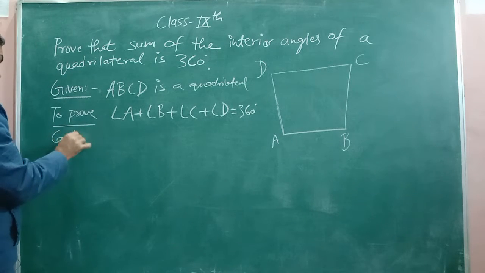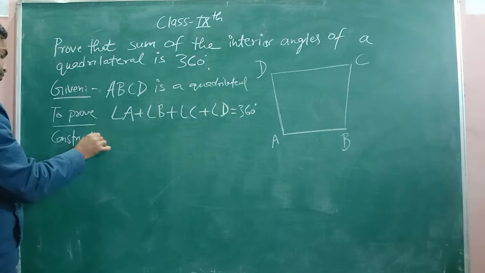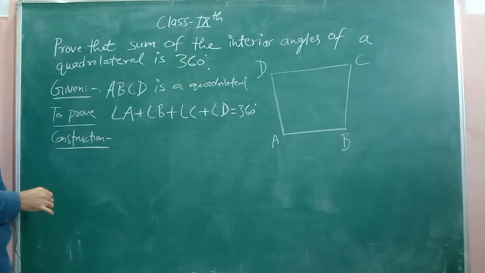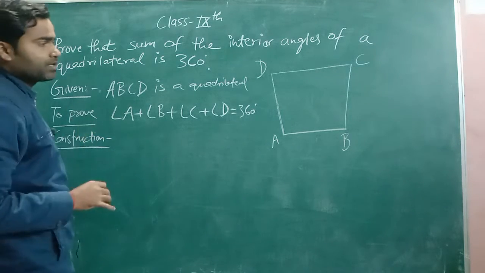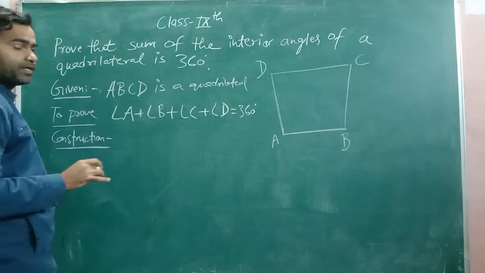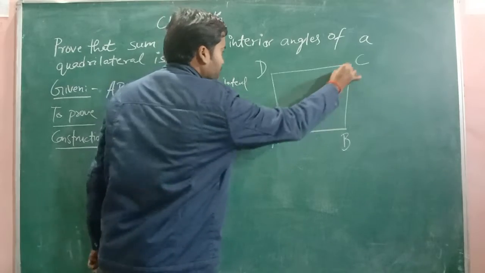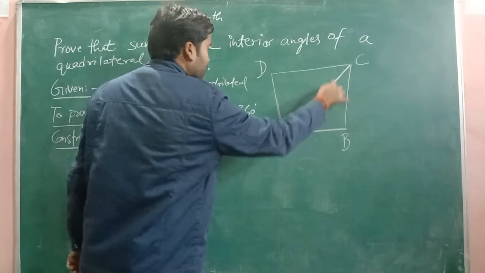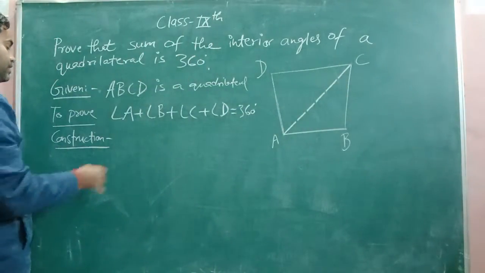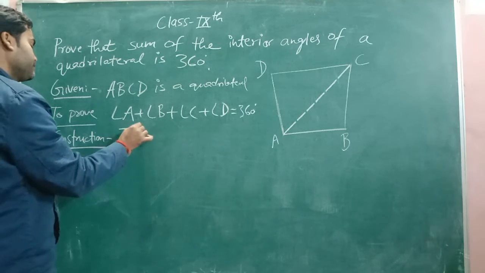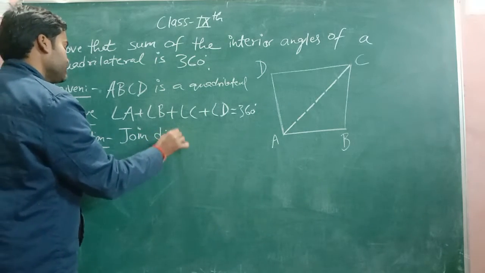We need one construction for the proof. The construction is to join any one of the diagonals, AC or BD. So in construction we will write, join diagonal AC.